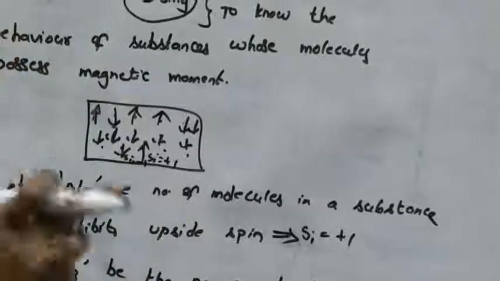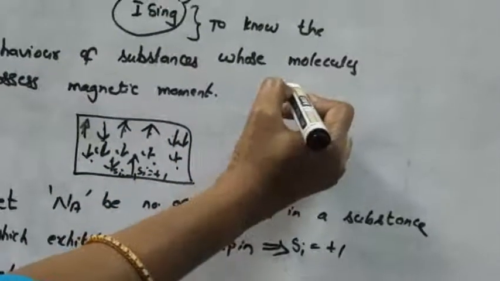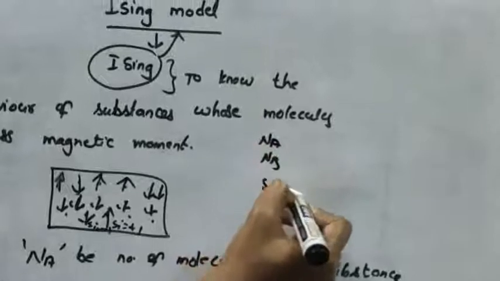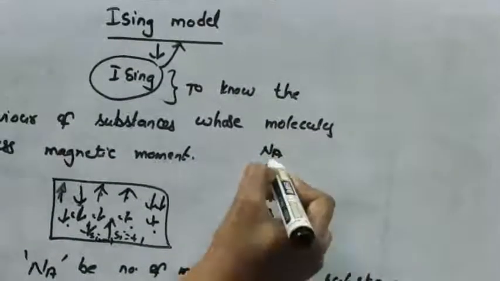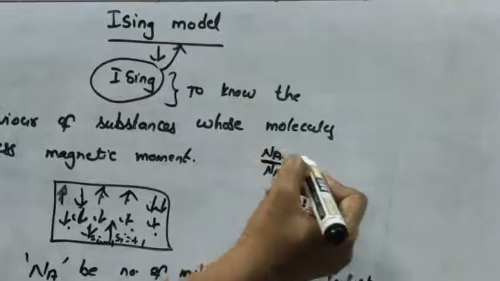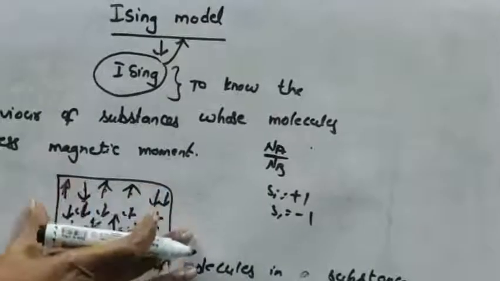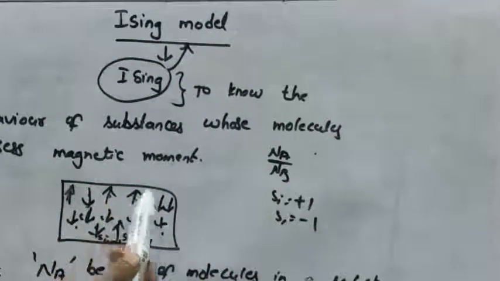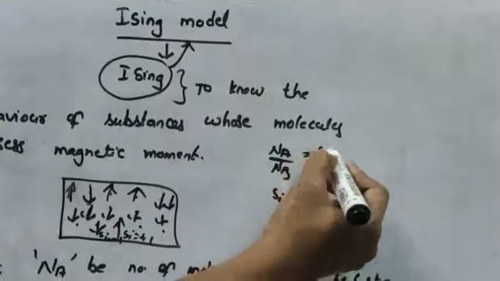Here we have considered 4 parameters. What are the 4 parameters? Na, Nb, Si is equal to +1 and Si is equal to -1. What does Na represent? Na represents the number of molecules which have up spin. You count 1, 2, 3, 4. So Na is equal to 4.